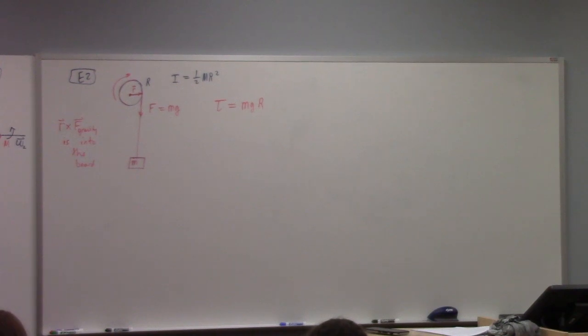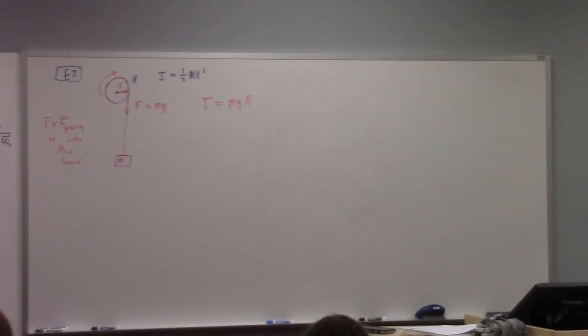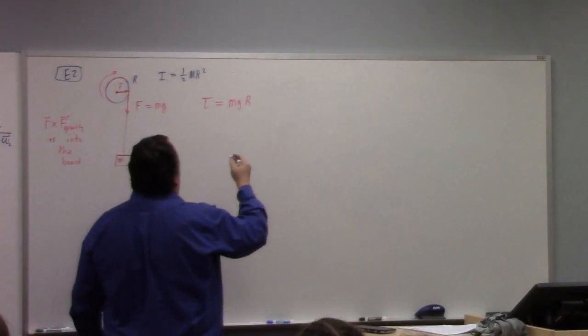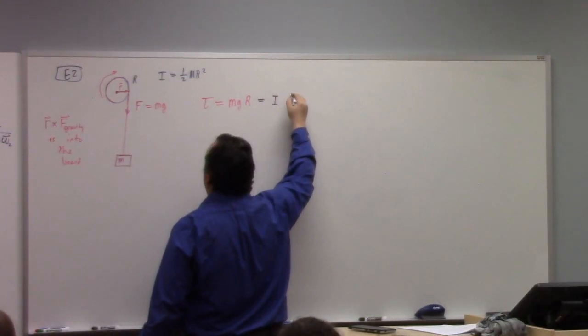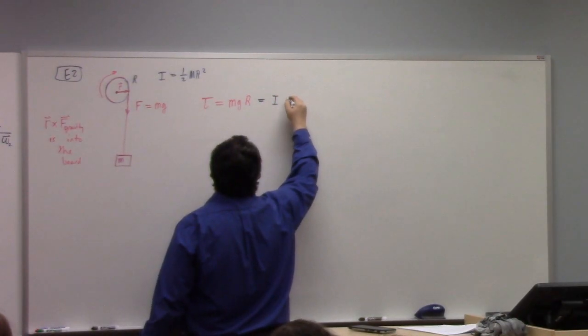What is the angular acceleration in such a situation? Well, we know the torque. The torque is mgr, and torque is also equal to I alpha. So this is equal to the moment of inertia for the pulley times alpha.